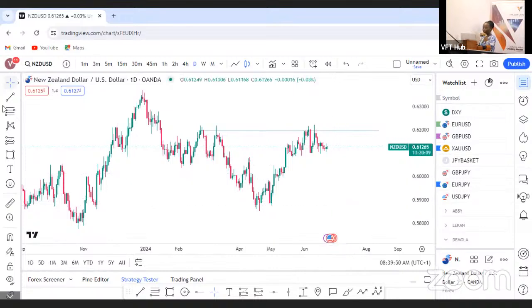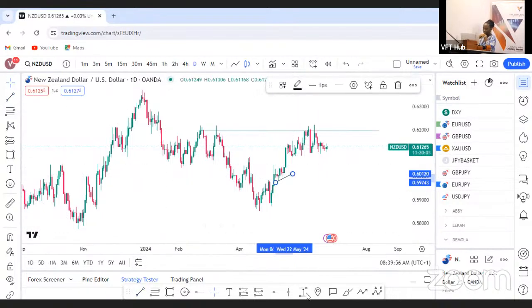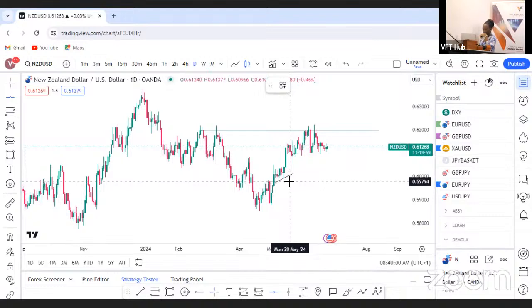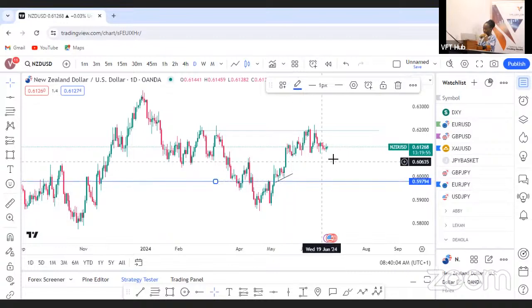Where are the liquidity points that NZD/USD will be heading for on the lower time frame? We have it here, which is our diagonal liquidity and our 50% FVG, aka consequent encroachment. So this is most likely what NZD/USD is going to do.